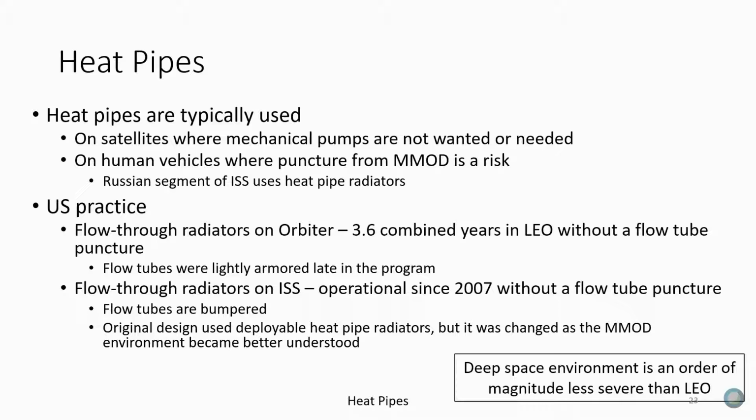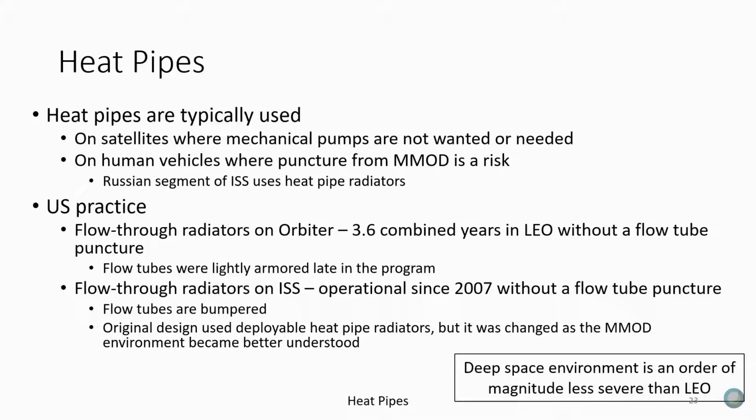On ISS, we've had flow tube radiators. They've been operational since 2007, no flow tube punctures, but we have bumpered flow tubes where there's a gap between the flow tube itself and the surface of the radiator. Now, we did start on ISS with heat pipe radiators, because we were really worried about punctures. Then in the early 90s, we started to better understand the MMOD environment.